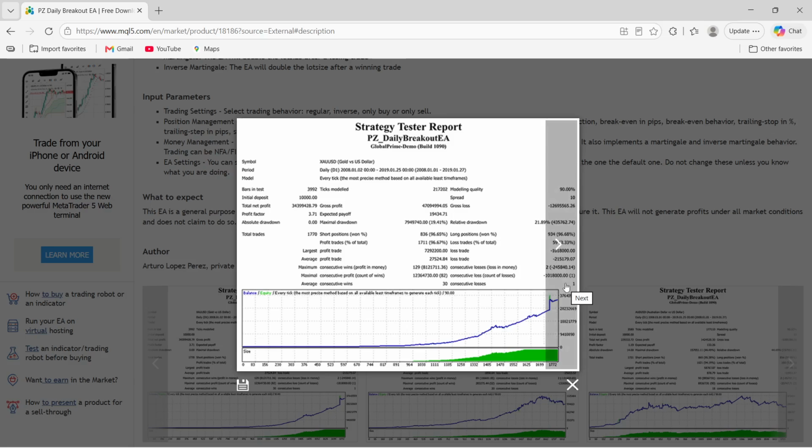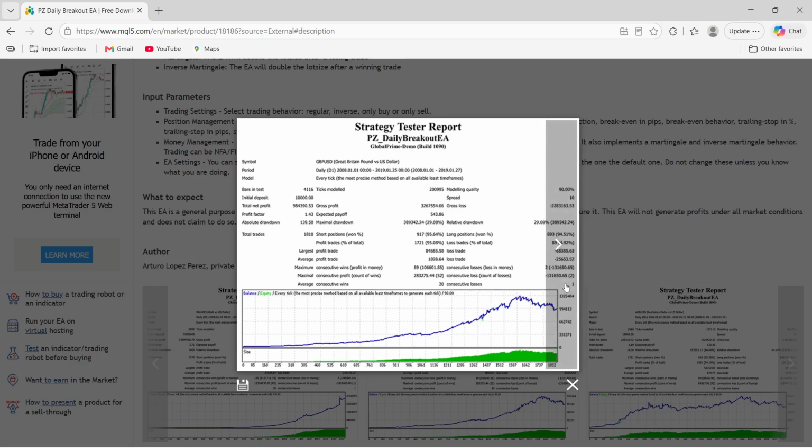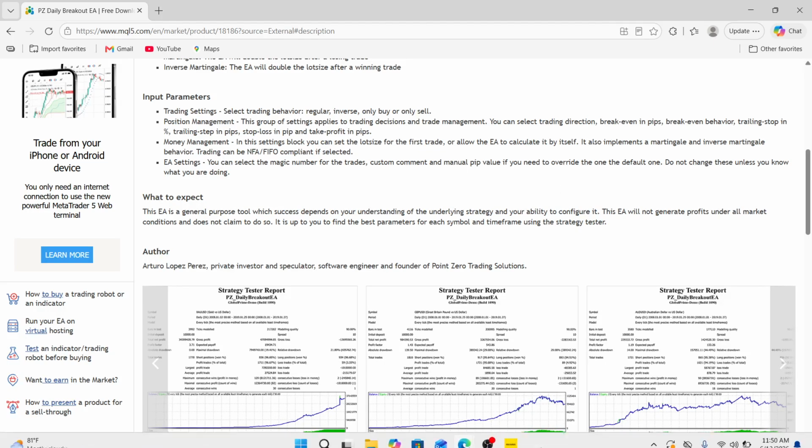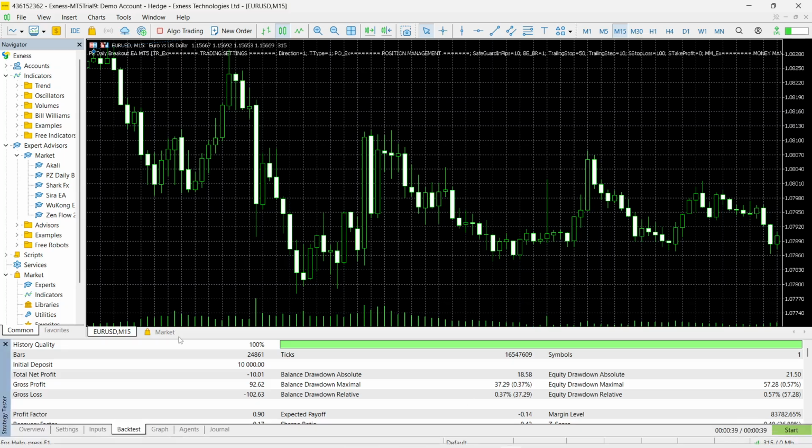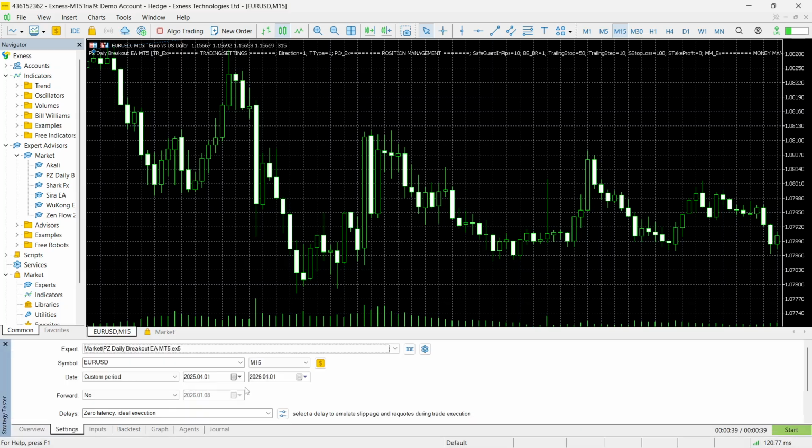But all right, we've taken a look at the developer's testing, but how does it actually hold up to my own personal backtests? So I had the opportunity of running this EA on the EURUSD pair, 15-minute time frame, for a period of 1 year from 1st of April 2025 to 1st of April 2026.